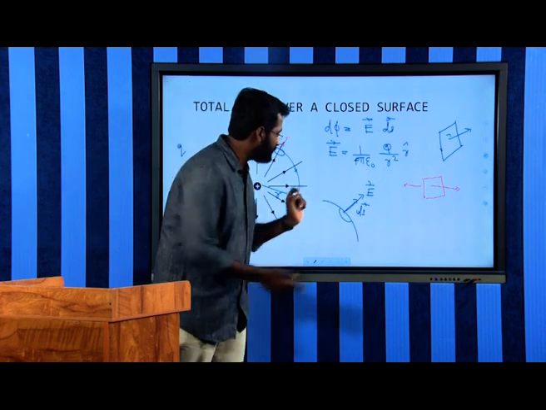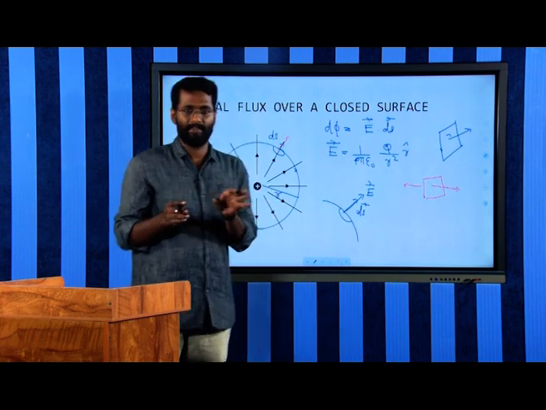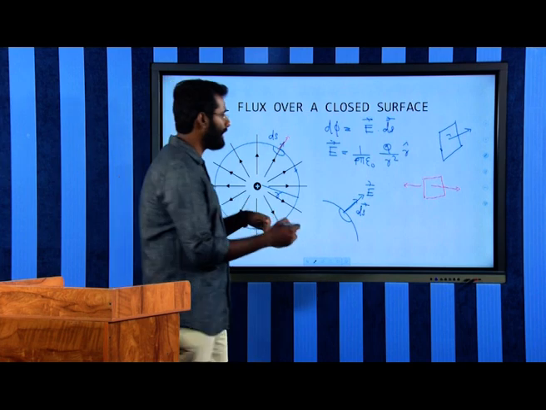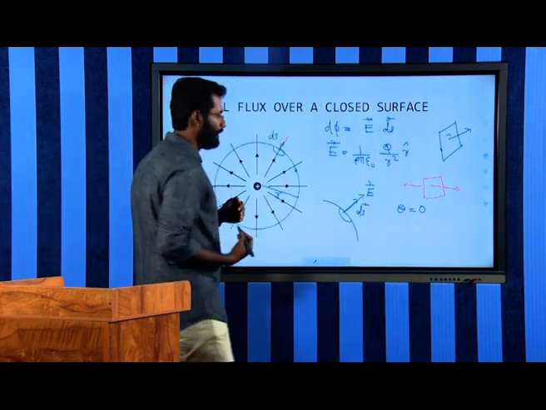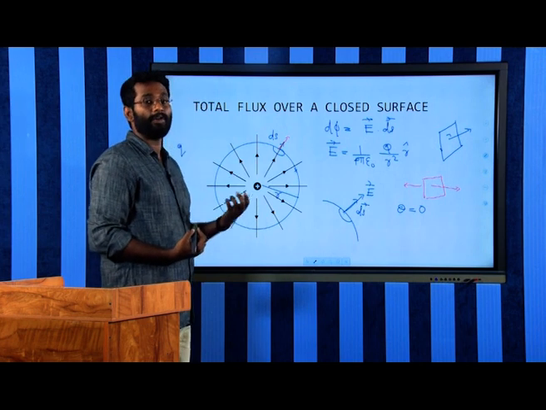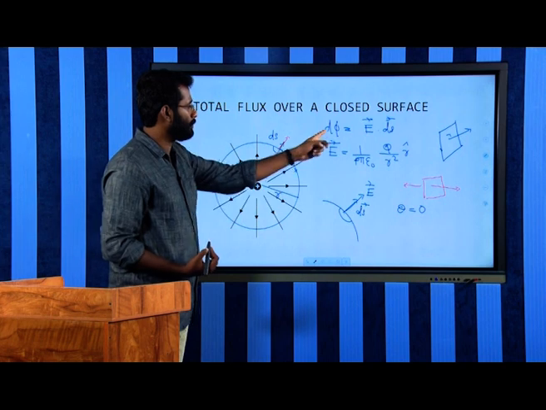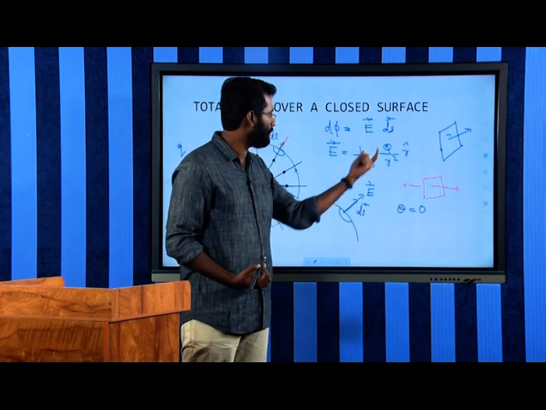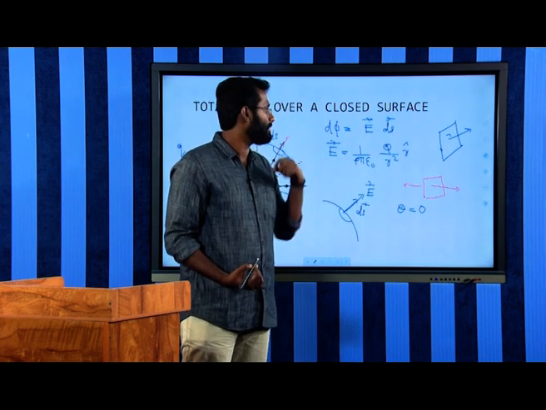The larger vector is the electric field and the smaller vector is the area vector. If two vectors are parallel, then the angle between them theta is equal to 0. Now, we want to calculate E dot ds, or d phi. To calculate E dot ds, we have E, this is the direction of E, and ds is the direction of the area and its value.